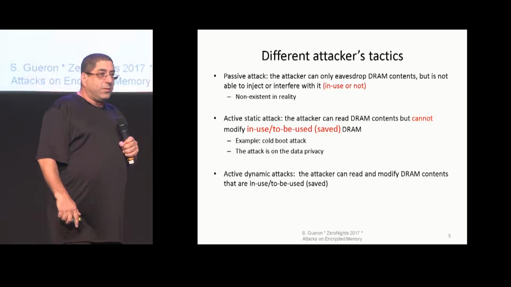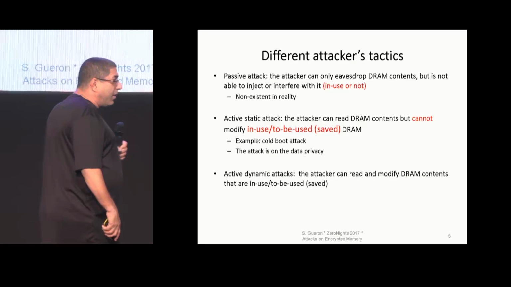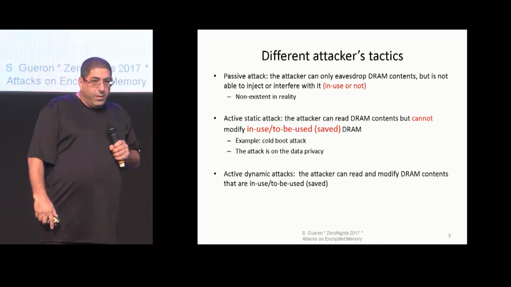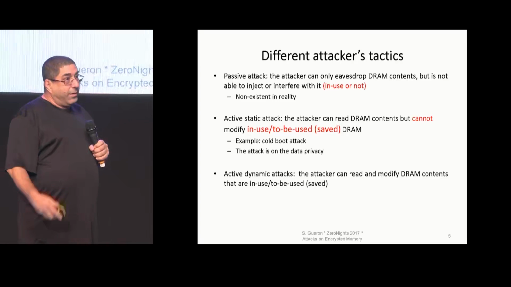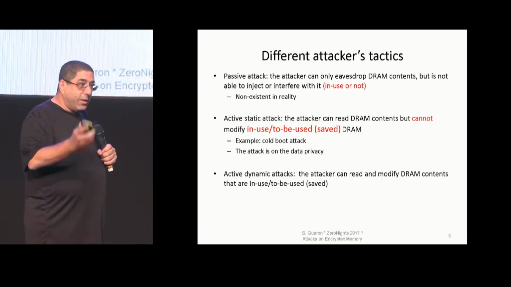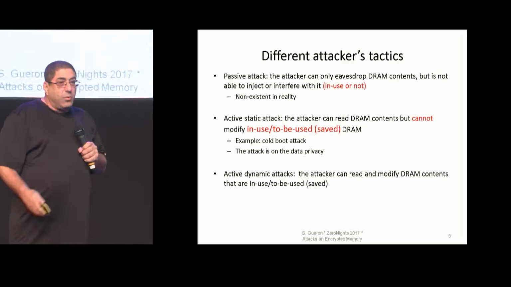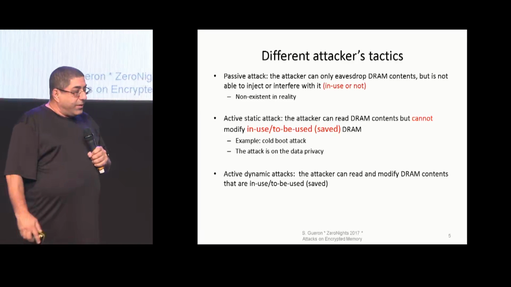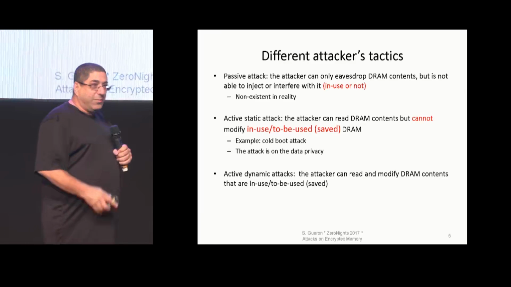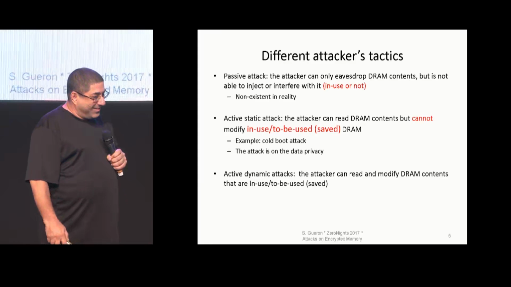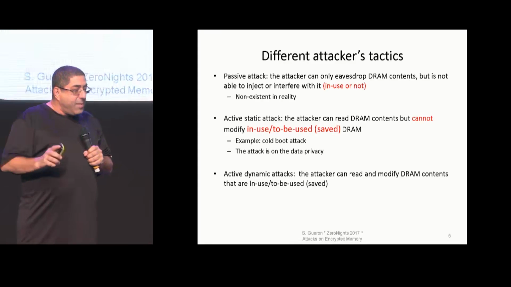And if there are some secrets, bad things happen. For example, your disk encryption key, if it is stored in the memory and somebody rips it out and is able to read most of the data, now we can get your disk. So this is an attack on the privacy of the data, but it's not repeatable. You cannot just put them back. We've tried, by the way. It didn't work.